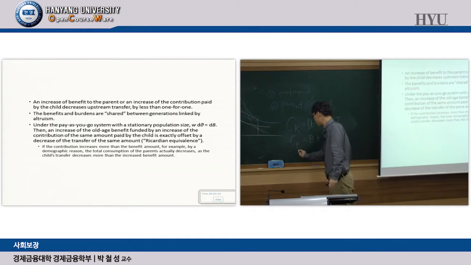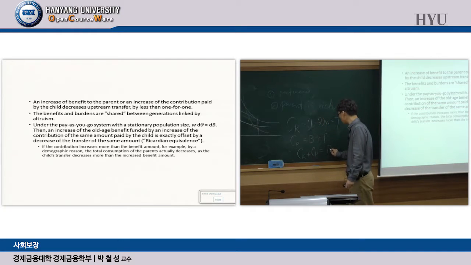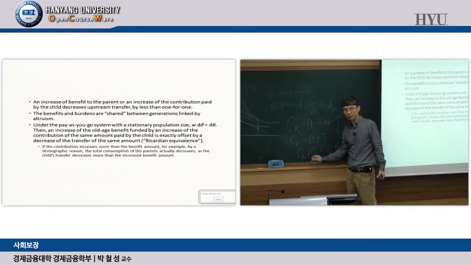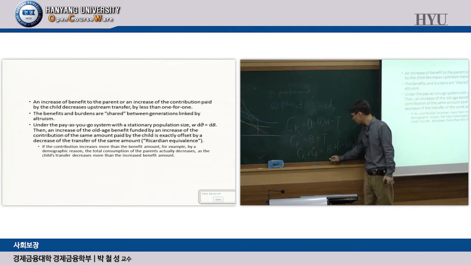And then if you look at CK plus CP, then it's actually just B plus (1 minus theta) W. Okay? So that means that total consumption of child and parents depends on the parents' benefit and the child's income. There is no T, actually.